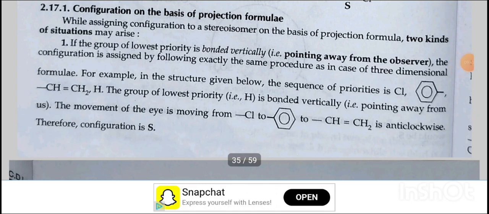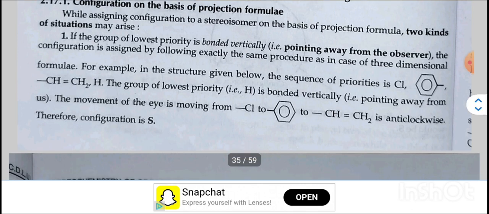Configuration on the basis of projection formula. While assigning configuration to stereoisomers on the basis of projection formula, two kinds of situation may arise. First, if the group of lowest priority is bonded vertically, pointed away from the observer, the configuration is assigned by following exactly the same procedure as in the case of the three-dimensional formula.